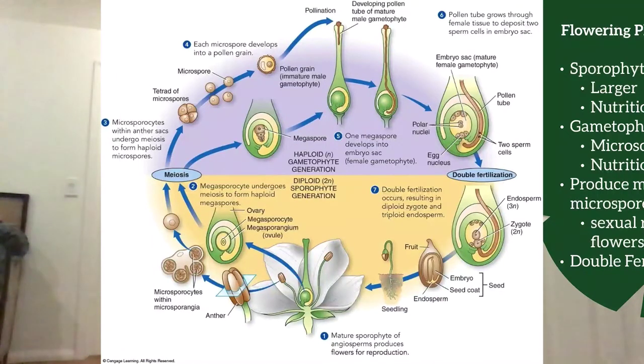Within the anther, the male portion, meiosis is occurring, and the microspores are produced and form the pollen grains. On the female side, the megaspores are being produced, that's the egg. Same as before, 4 haploid cells are produced, but all of the machinery and the nutrition goes into one of the megaspores, so you get 1 functional egg.